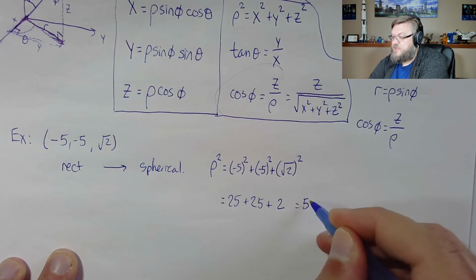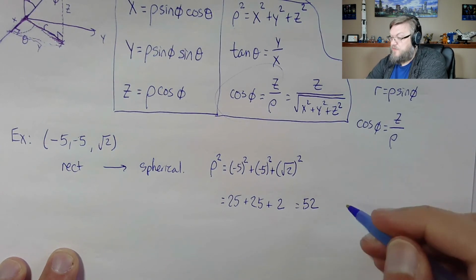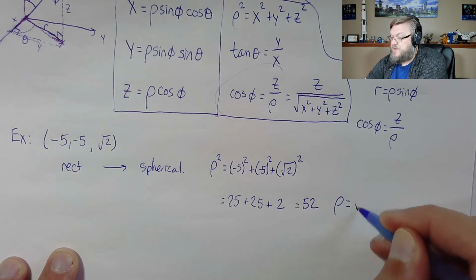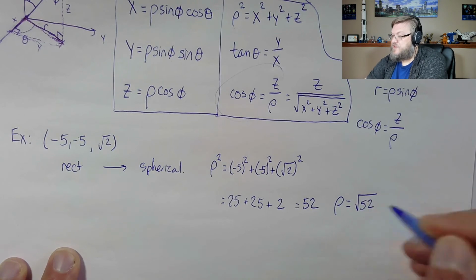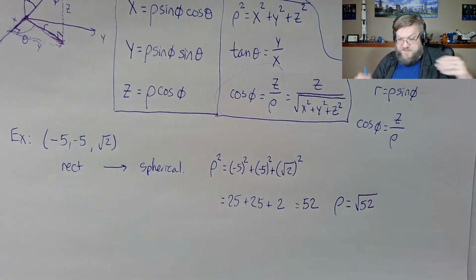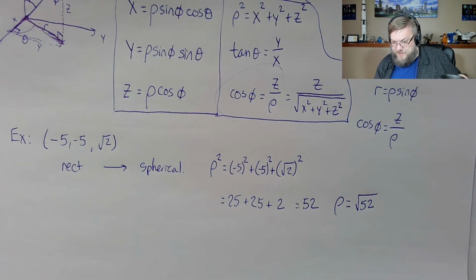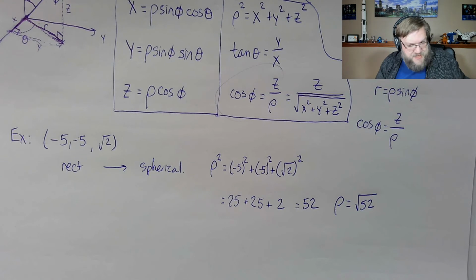So I get 52, which means rho is this lovely number, square root of 52, which I don't think is a nice square root. It's a little bit over 7. But nonetheless, that is what rho is. And notice not positive, negative. It's just positive. We take rho to be positive.